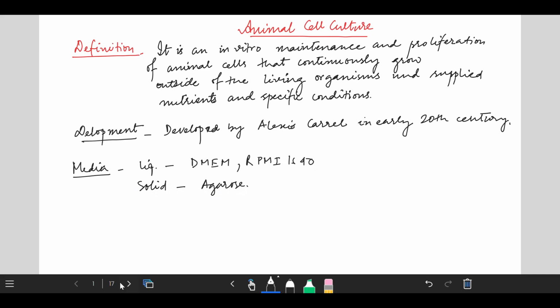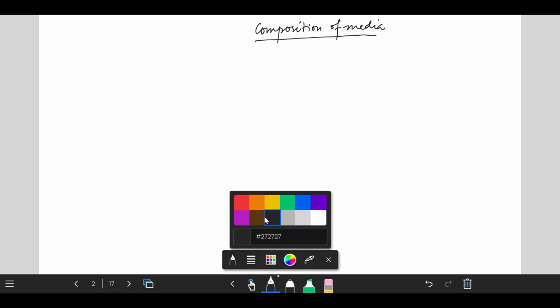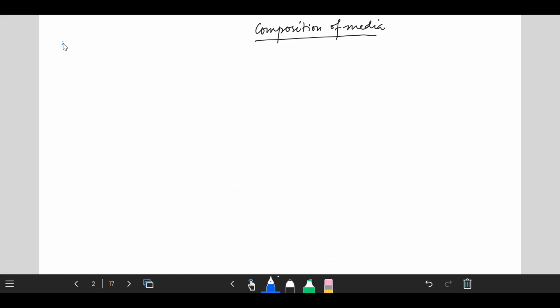Now, what is the composition of media? First composition is energy sources. For energy sources, we use glucose and fructose. Second one is nitrogen sources.